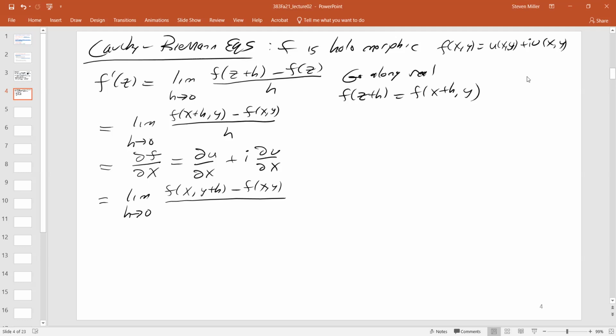So we have z is x plus iy, z plus h is x plus i, y plus h. So what are we changing by? So the change is i times h, with h being a real number. So we should be dividing by ih.